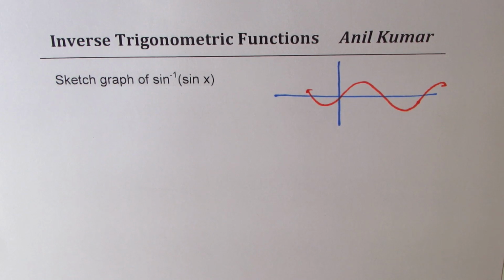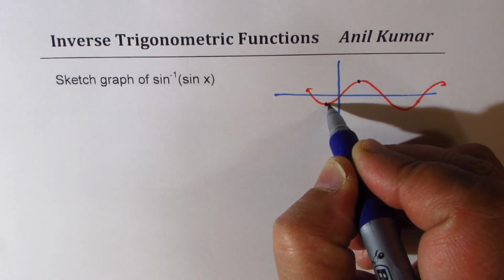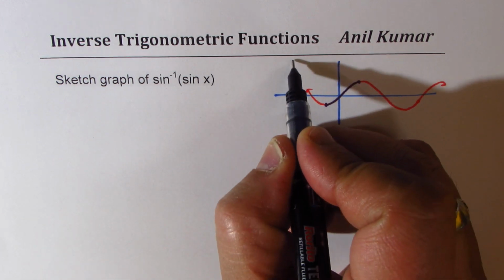However, if we take only a part of it, which is between minus pi by 2 to plus pi by 2, then it becomes a one-to-one function, right?